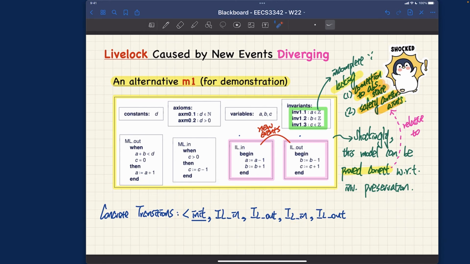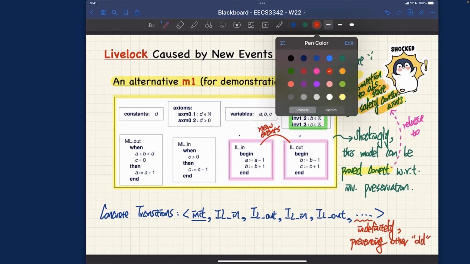It's really important to see that this will simply continue indefinitely, preventing other old events. When I say old events, I really mean these two, right?